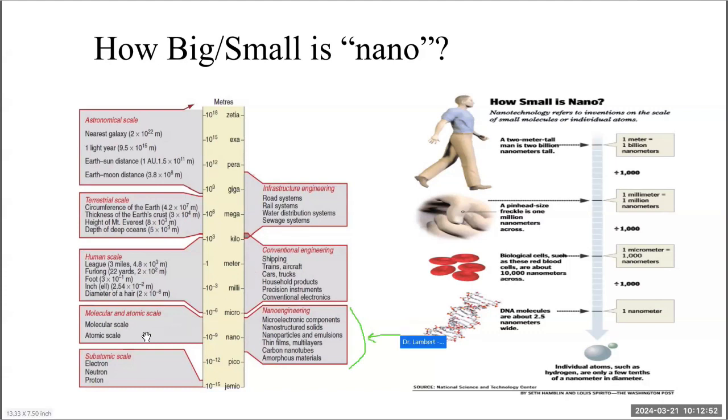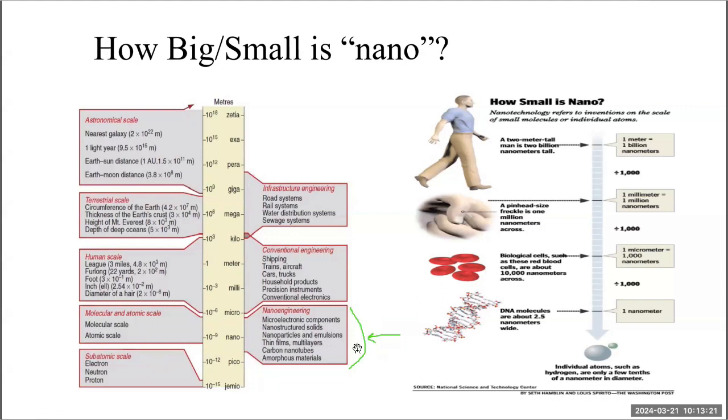Then you can think about the molecular scale, also the atomic scale. This actually falls into the nanoscale that you can see at the end. This is 10 to the power minus 9. That means one billionth is a nanometer. If you divide one meter into 1 billion parts, you get 1 nanometer.